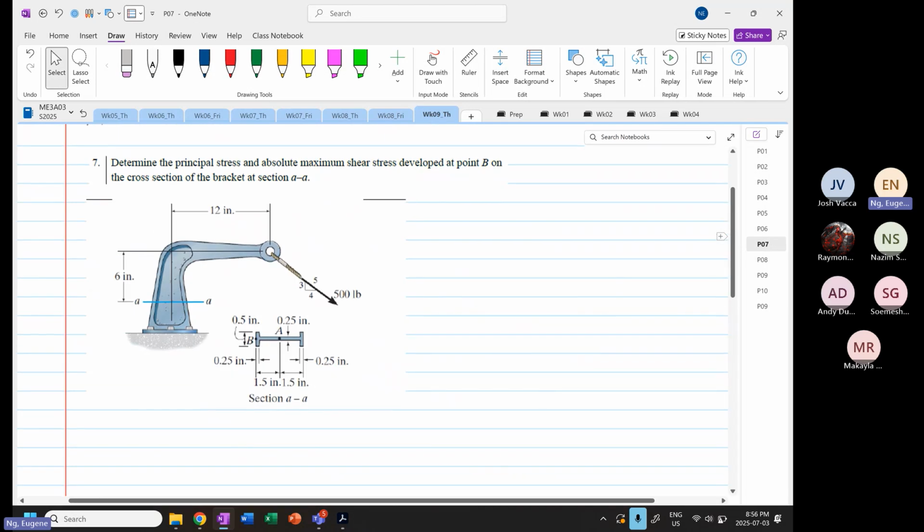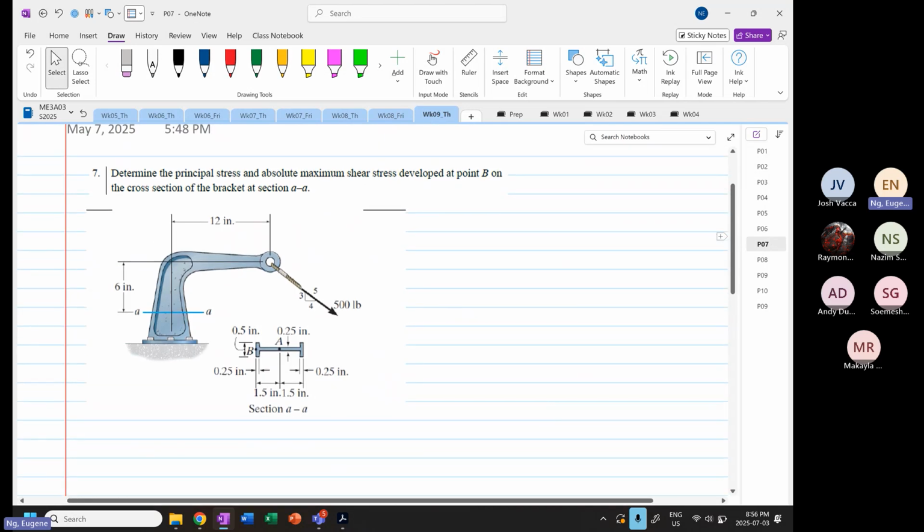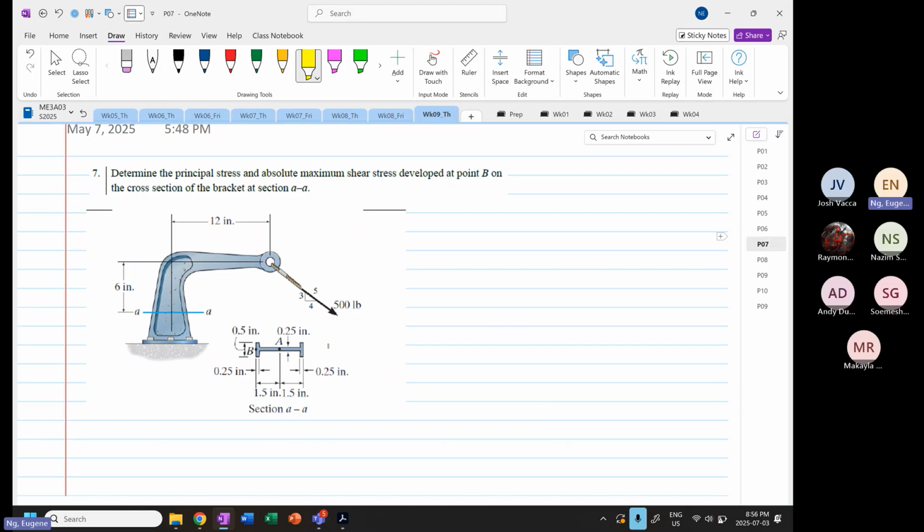So we're going to solve this problem. Like always, you can label from your cross section.